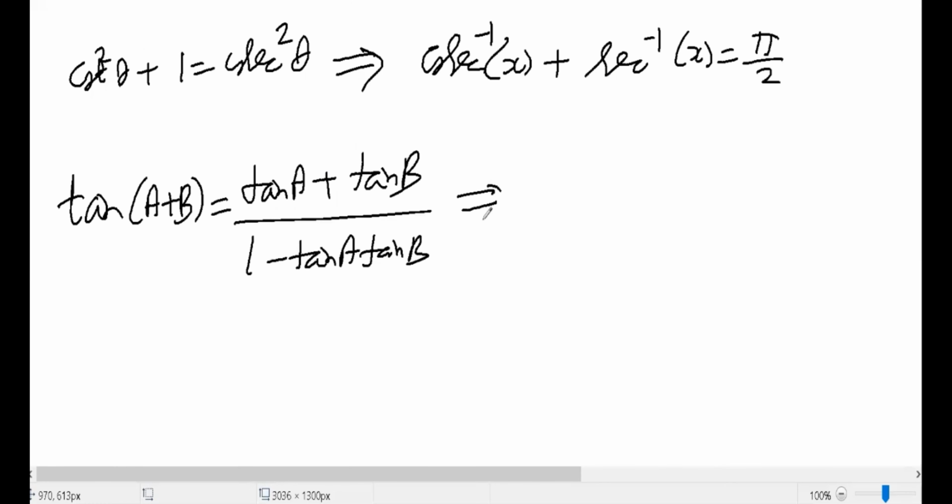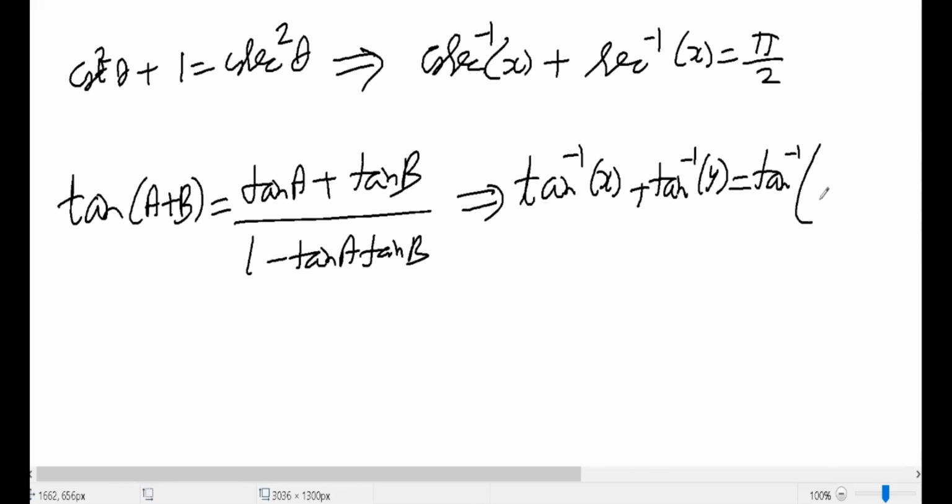So I can relate this in inverse trigonometric functions as tan inverse of x plus tan inverse of y is equal to tan inverse of x plus y upon 1 minus xy. So you can relate it this way.